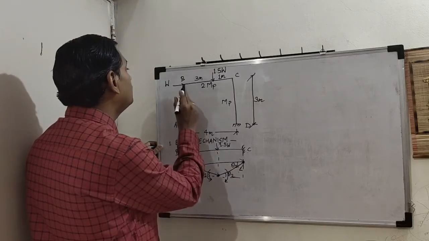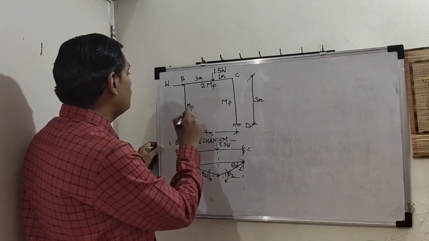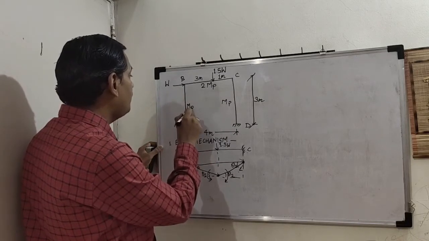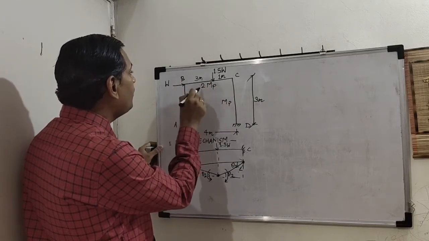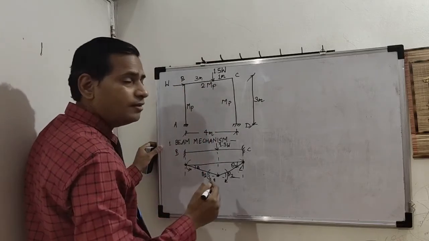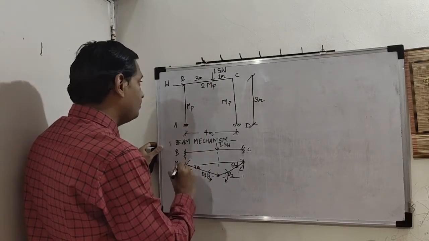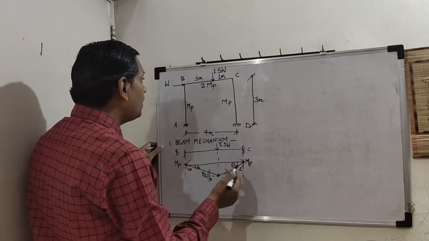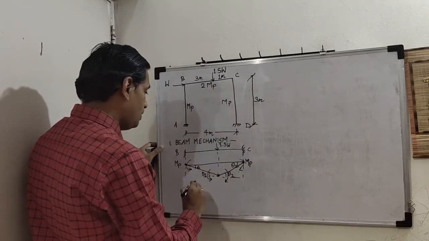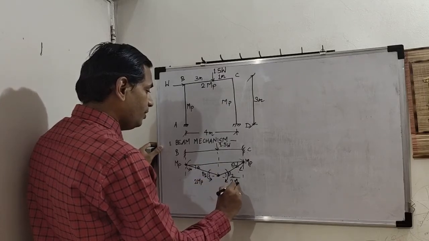B is a common point for beam and column. For the column at joint B we have MP value, and at the same point B in beam BC we have 2 MP value. So which to be taken? 1 MP, the least of the two at the junction. Same here at C. However, under the point load there will be 2 MP value.